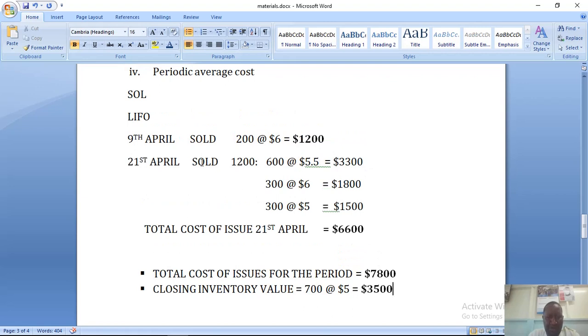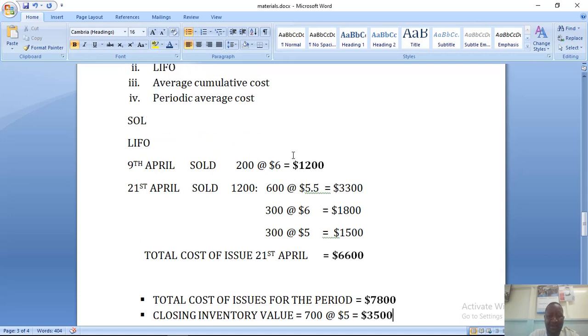So let me go through this part again. On the 9th, we issued 200 units from the latest consignment received, 500, so we have 1,200 as a cost of issue. On the 21st, we issued 1,200 units in total: 600 from the latest, then 300 from the second latest, and 300 from the third latest inventory received.